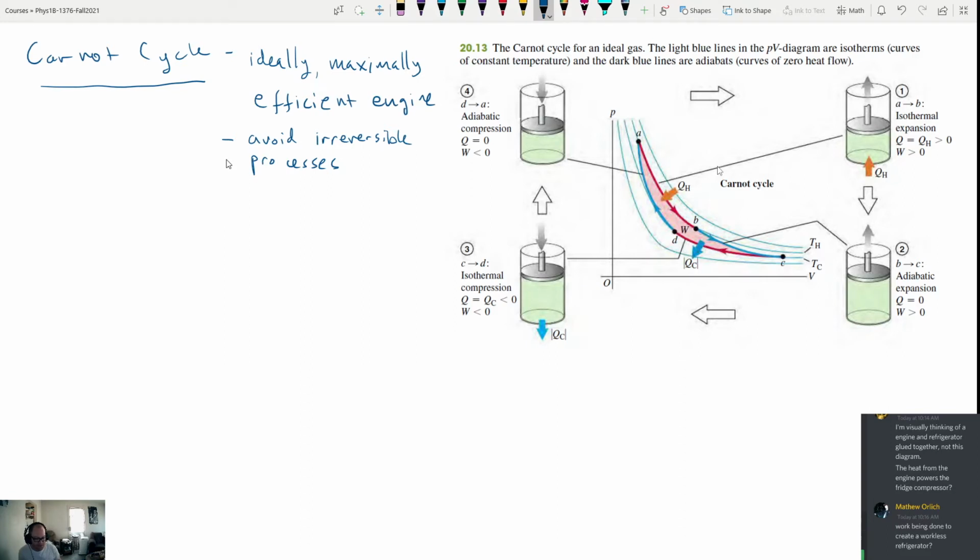So that means that to avoid irreversible processes, all processes in the cycle have to be isothermal or adiabatic, because temperature changes are automatically irreversible.